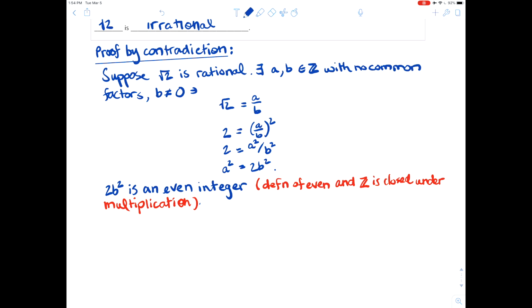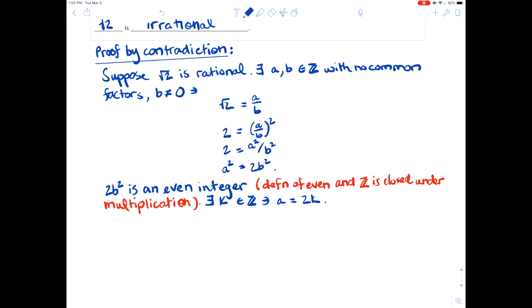So based on what we have here, what can we say? We can say there exists some k that belongs to the integers such that A is equal to 2k. So I'm just replacing the part with k.